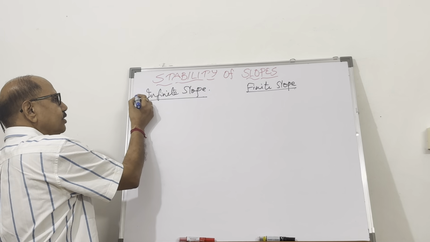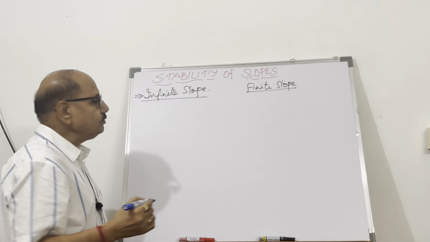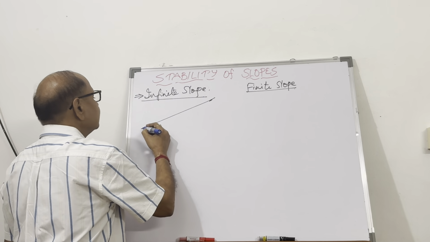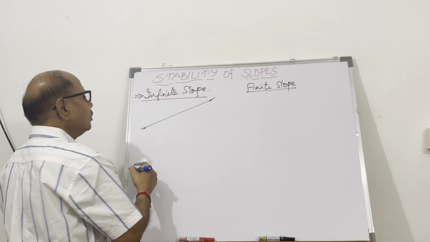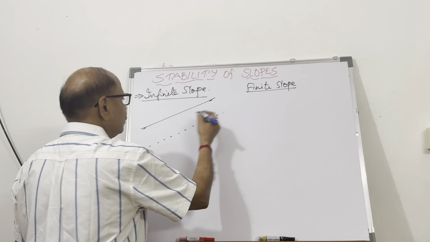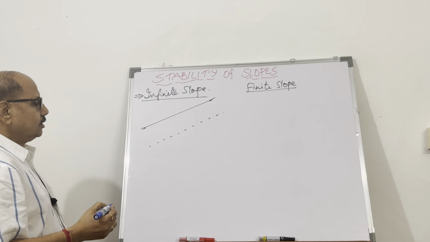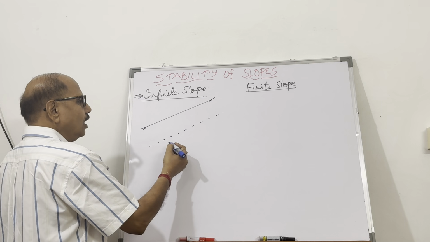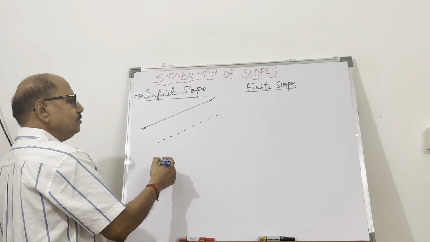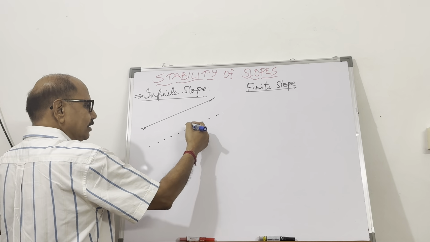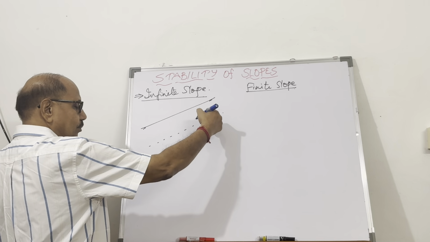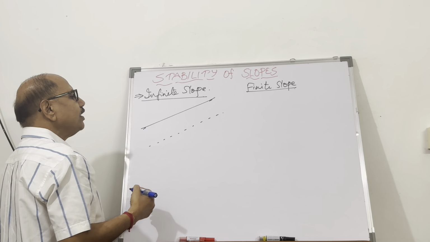As you know, the infinite slope is going to be of infinite extent, and here in infinite slope, we take the failure surface which is parallel to the outer surface, and therefore the gravitational force is acting in the downward direction, and the tangential force is acting in the direction parallel to the failure surface.